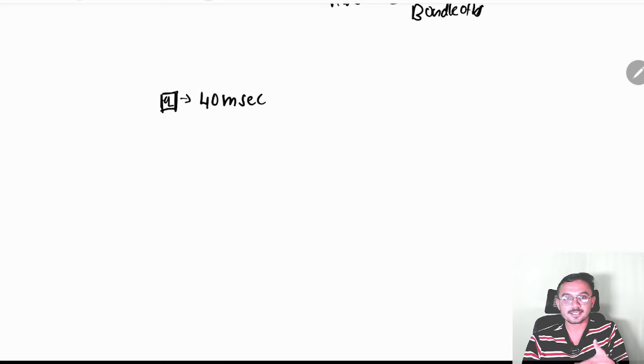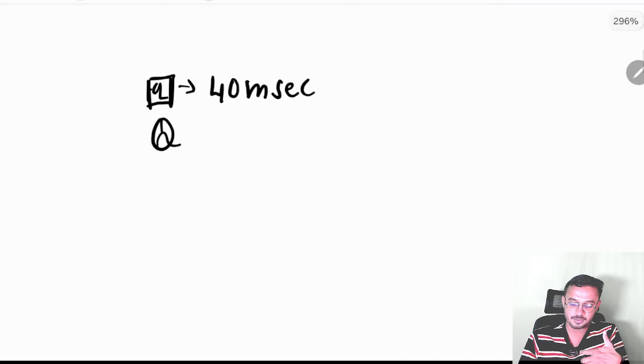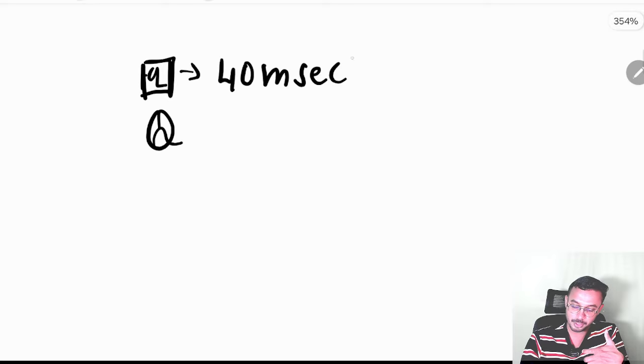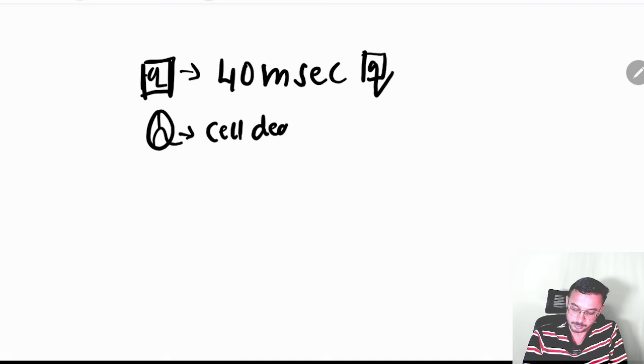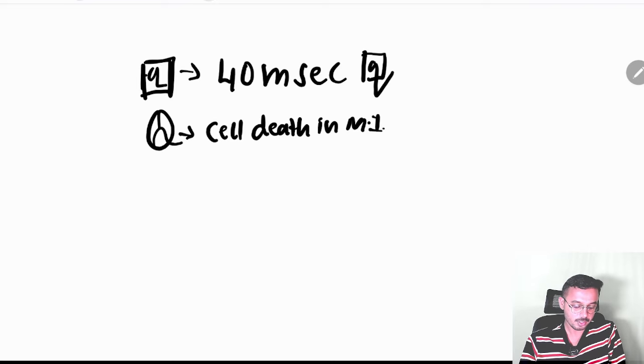In some conditions like MI, we will see a capital Q, which means the Q wave does not fit in the small square; it extends outside the small square. What does it indicate? Cell death in MI. So this is about the Q wave.